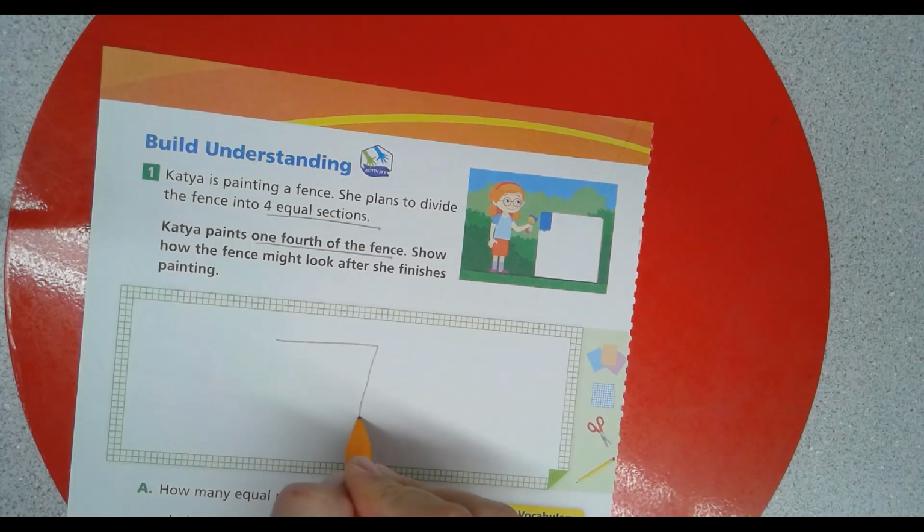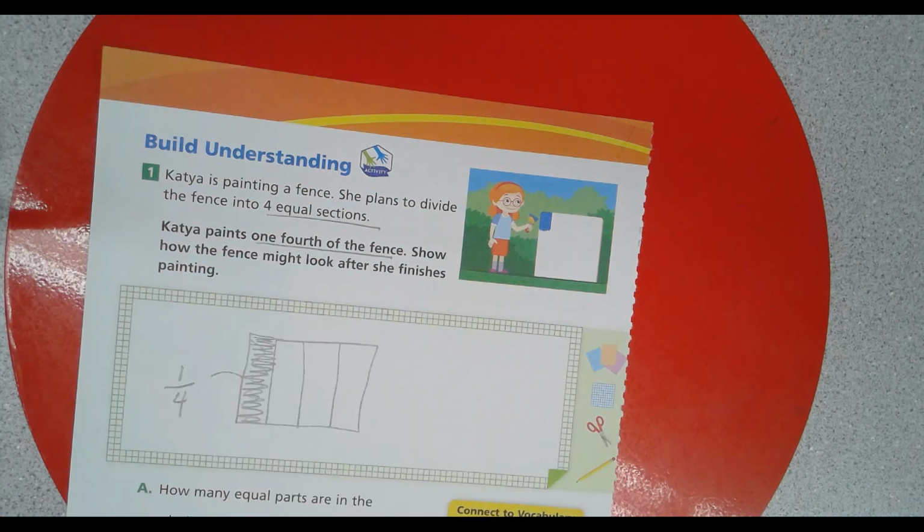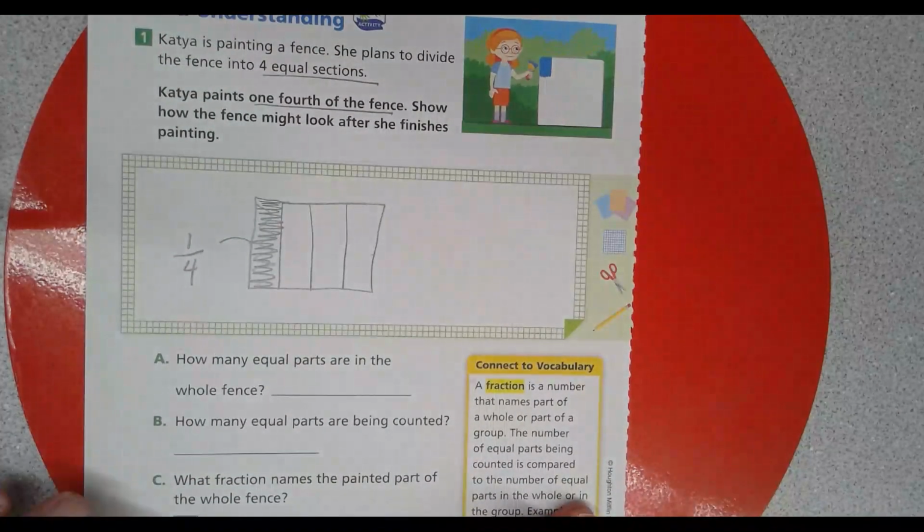So we're going to draw kind of a little rectangle. She's divided into 4, 2, 3, 4, and she has painted only one of those. She's just gotten started, so she's only painted one of those sections. So that means so far she's painted 1 out of the 4 sections. So she's only painted 1/4 so far.